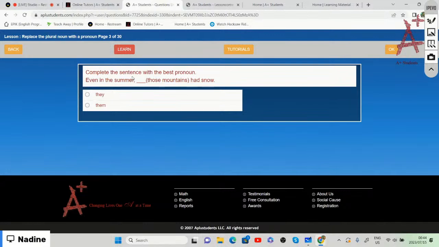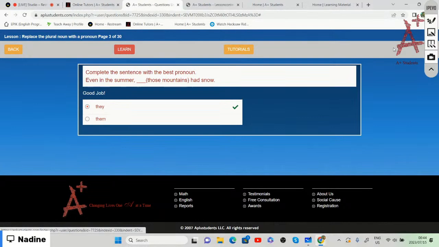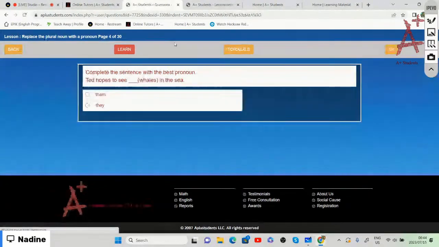So even in summer, they had snow, or even in summer, them had snow. We need to choose the best pronoun to replace those mountains. All right, so we're going to say they had snow, and they replaces the words those mountains, right?